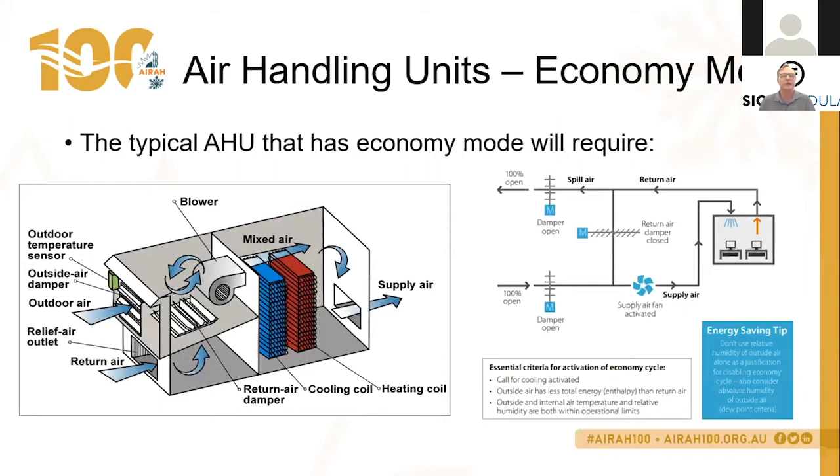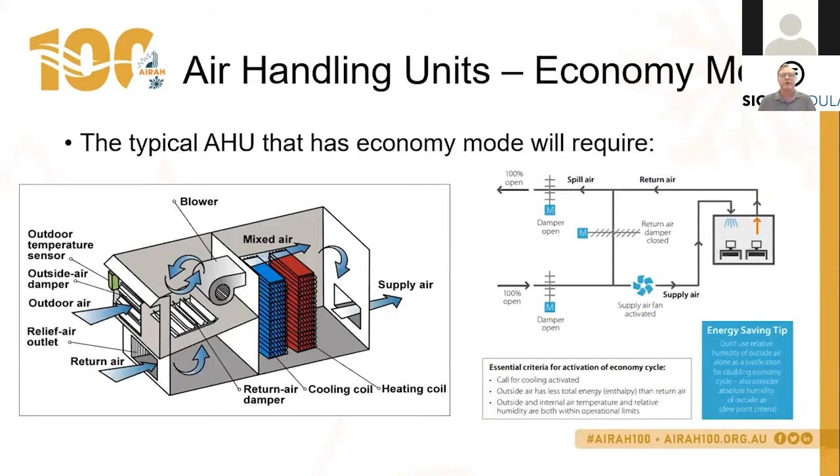It will depend on your enthalpy calculations and your system sizing and your application. So you'll need to size the air handler and the outside air dampers and everything to achieve the outdoor air and relief air paths required, and then set up the controls and everything to achieve that as well.